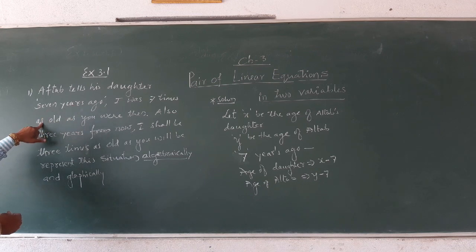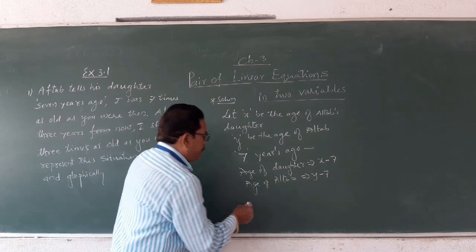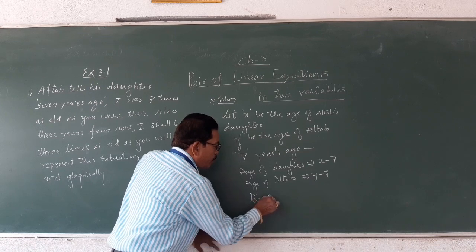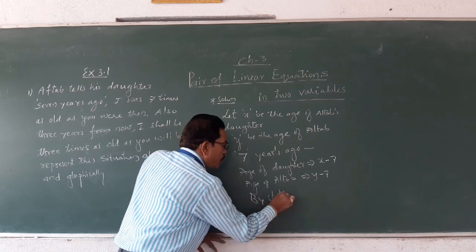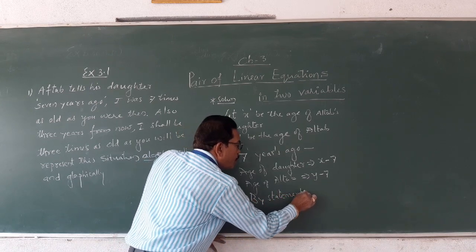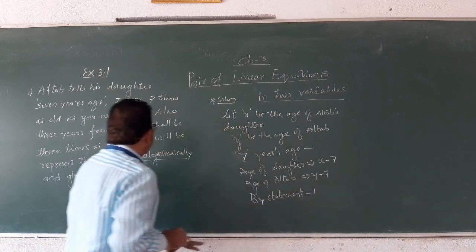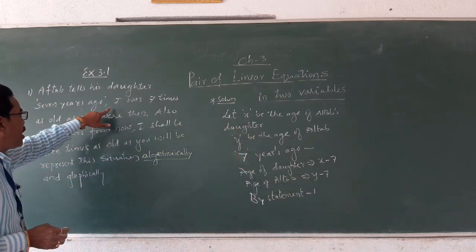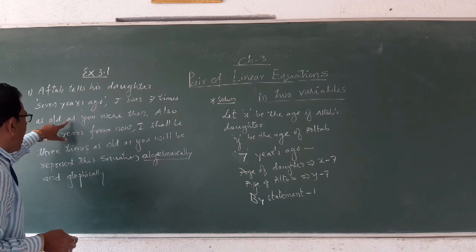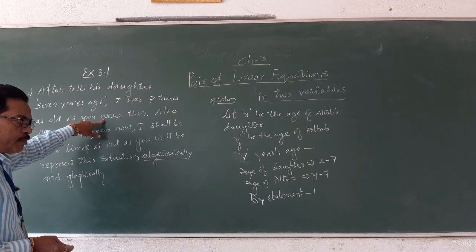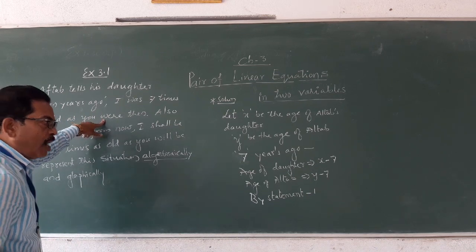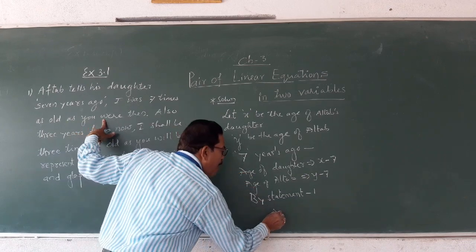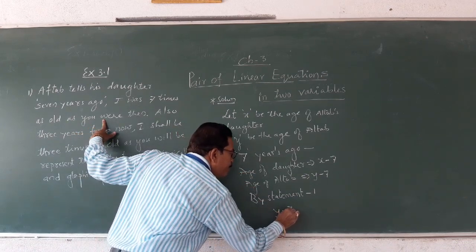Then by the first statement, what is that statement? I was 7 times as old as you were. Who was 7 times? Aftab. What is the Aftab's age? Y minus 7.